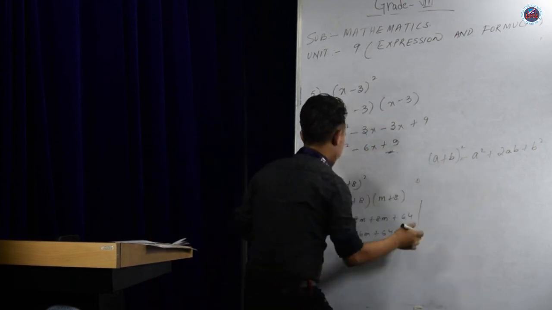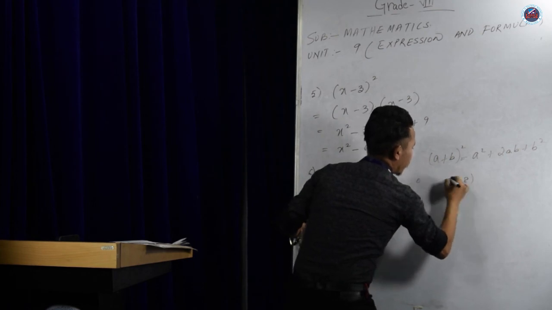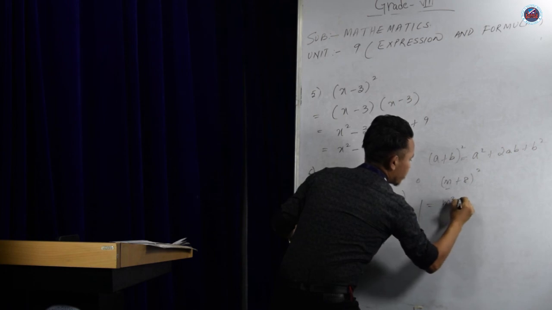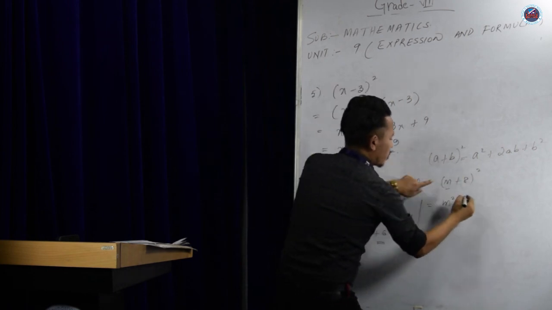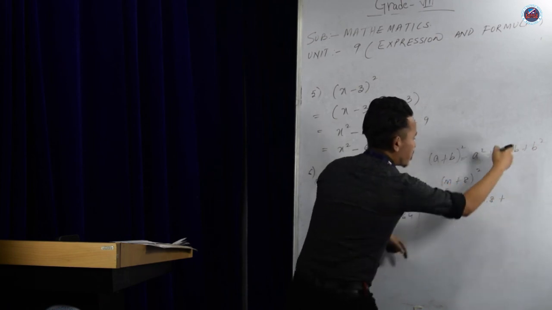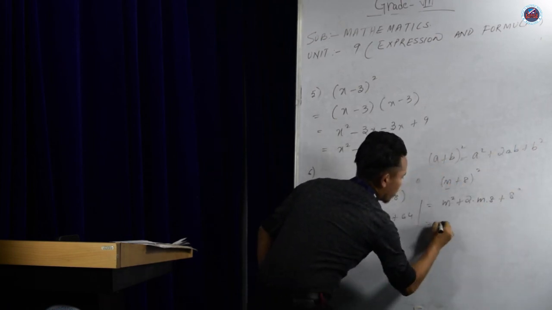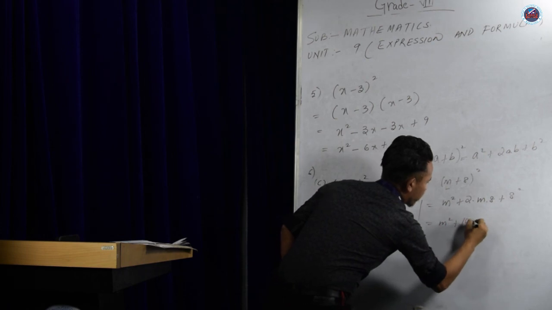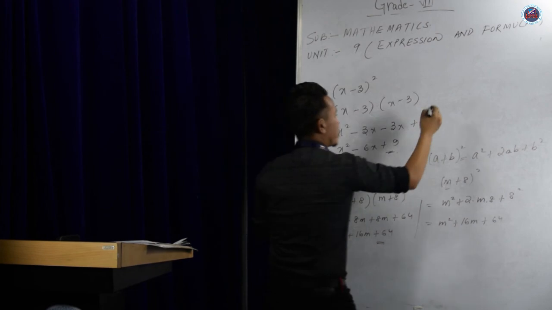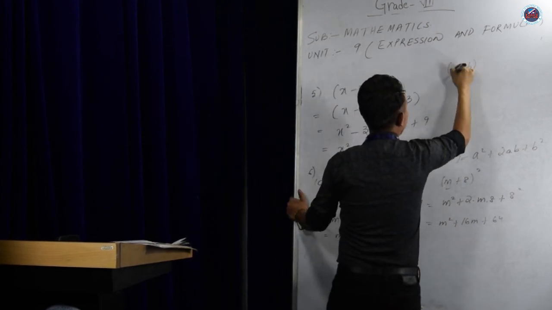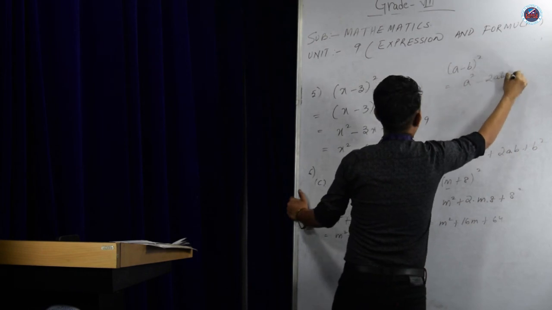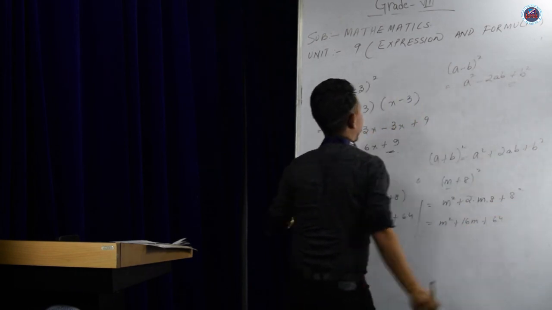If we use the formula here, m plus 8 the whole square, we get a squared, that is m squared, plus 2ab, that is 2 times m times 8, plus b squared, we have 8 squared: m squared plus 16m plus 64. Same for this, you can use the identity a minus b the whole square, that is a squared minus 2ab plus b squared.